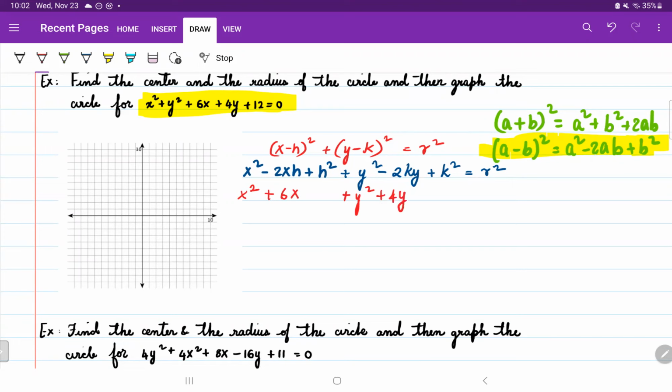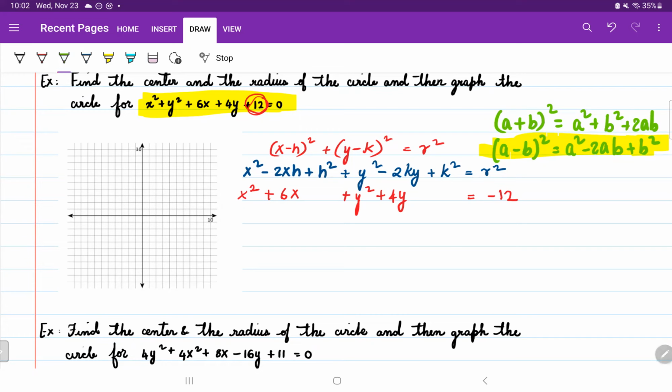And what I usually do is if there's any constant like 12 here, I just send it to the other side. So here we have minus 12. Maybe you were thinking, why am I having minus 12 under r squared, but everything will make sense slowly. So let us try to fill in these gaps.